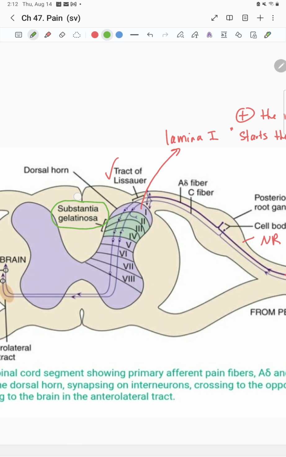This substantia gelatinosa is responsible for pain modulation and pain transmission. Pain modulation is another way of saying to ease up on the pain.